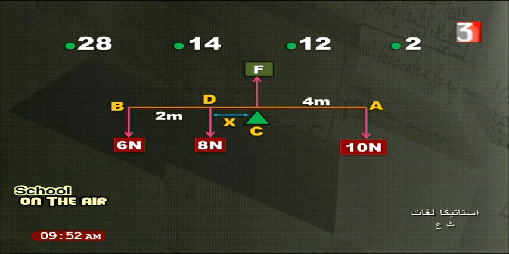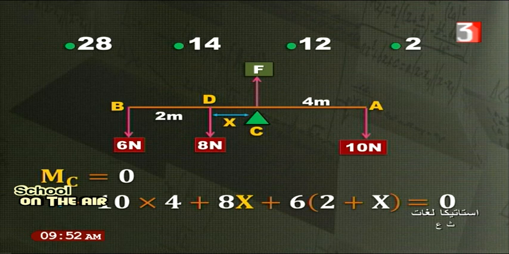F acts at C. The moment at C equals negative 10 times 4. Why negative? Because this is clockwise. Plus 8 times x plus 6 times distance 2 plus x.